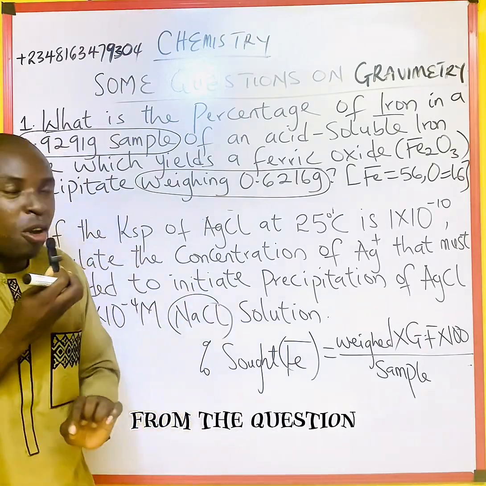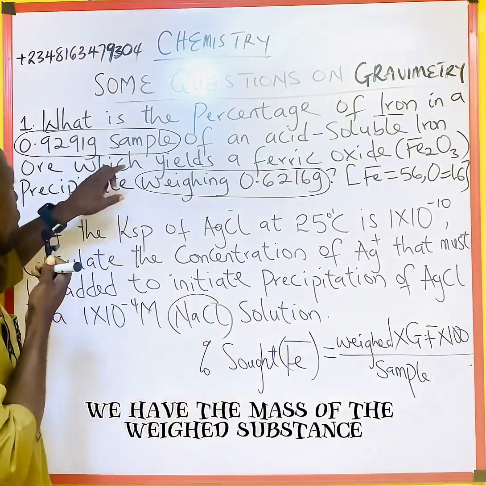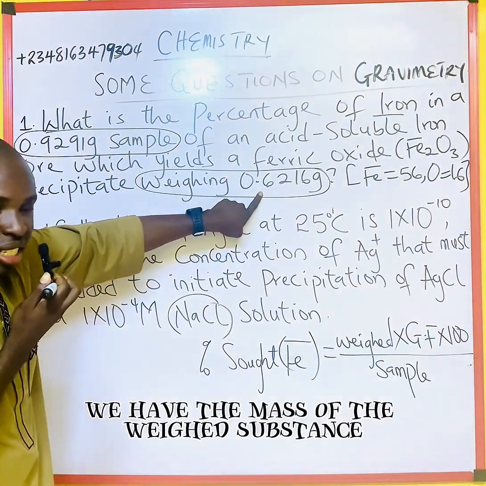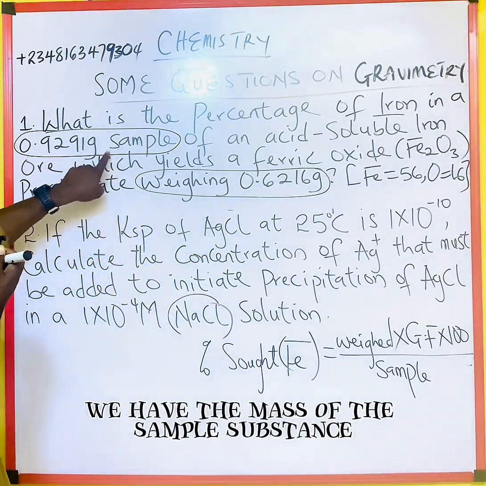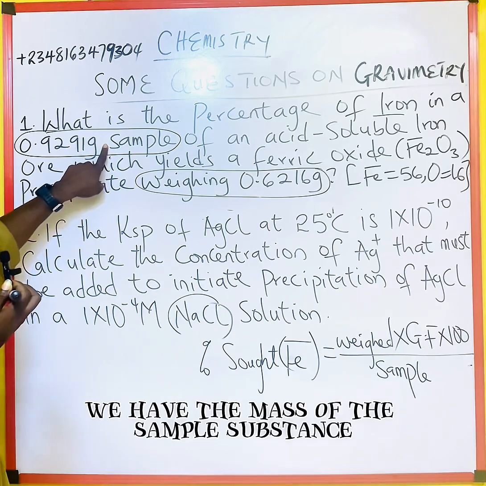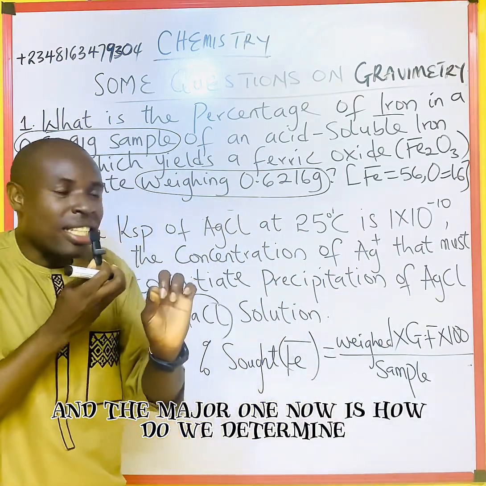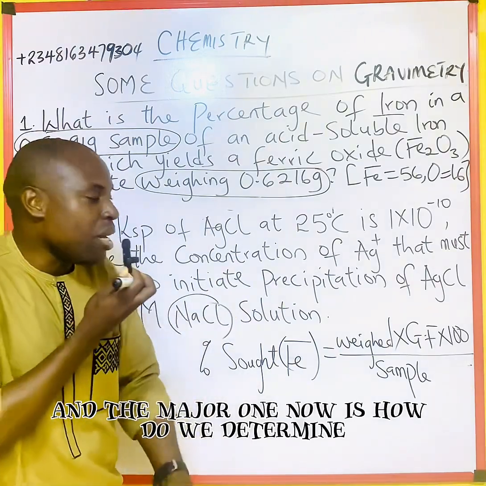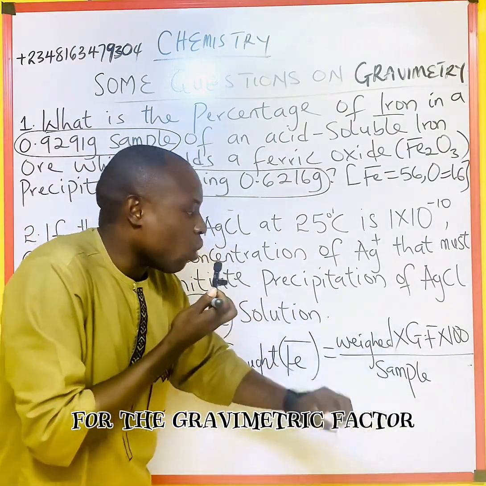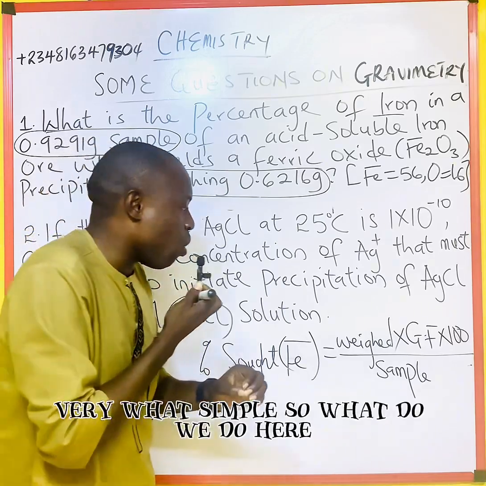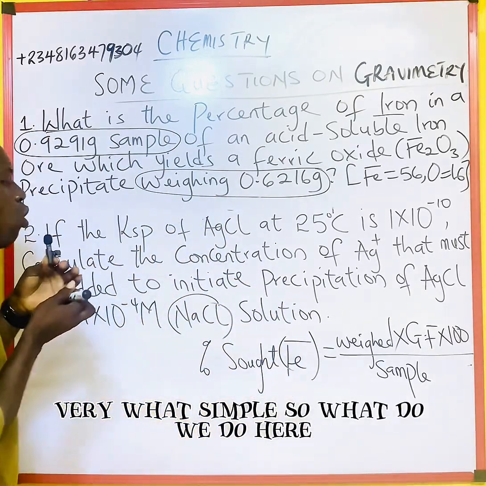Already from the question, we have the mass of the weighed substance, we have the mass of the sample, and the major one now is, how do we determine the gravimetric factor? This also is very, very simple. So what do we do here?